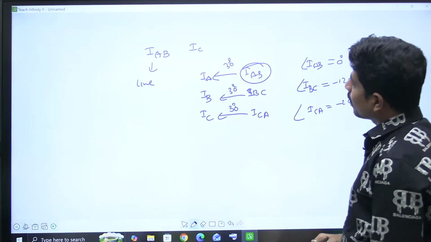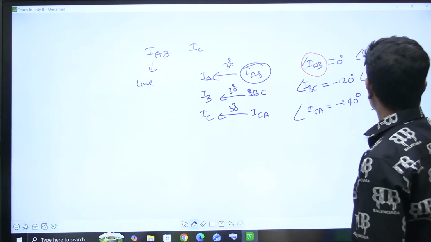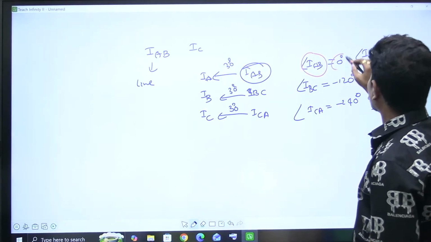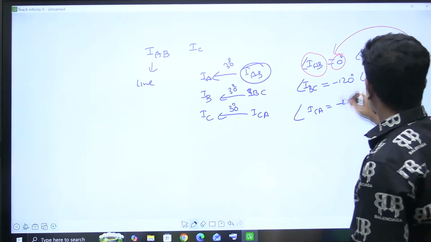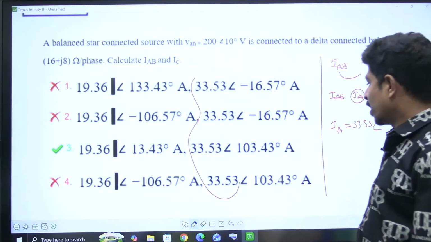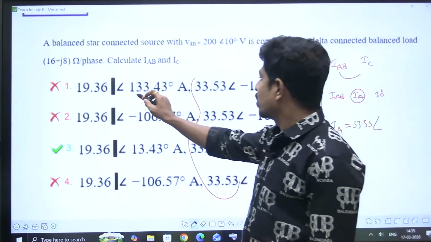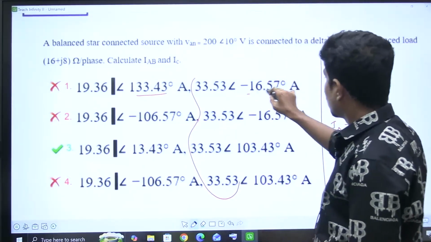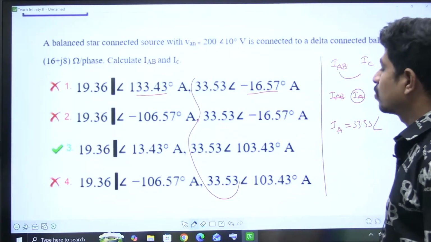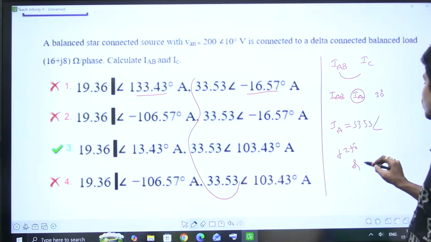Now he is asking for the angle between IAB and IC. The angle difference between these two currents will be 270 degrees. It should be 270, which is the same as minus 90.